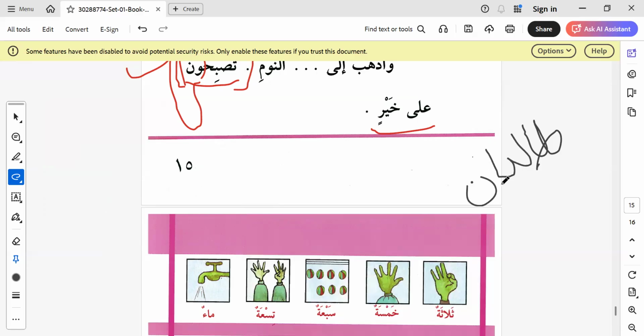We've talked about how to make a singular noun go dual. So talibani, talibani ithnani. Are we together? Talibani ithnani.